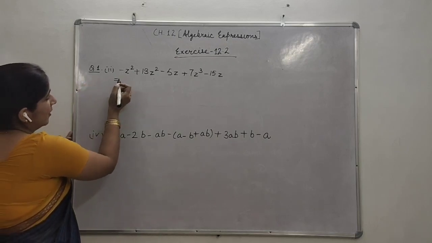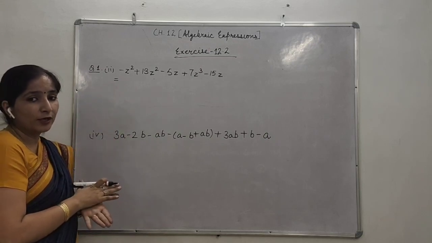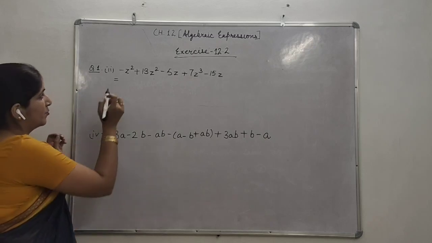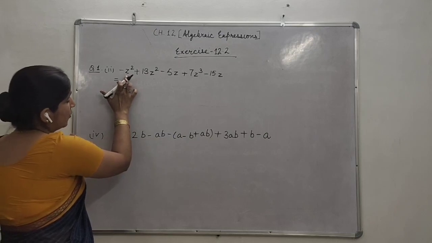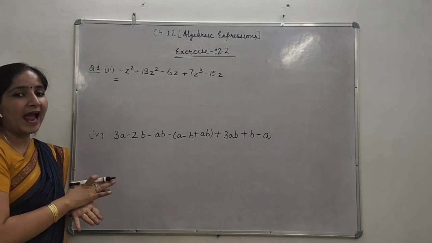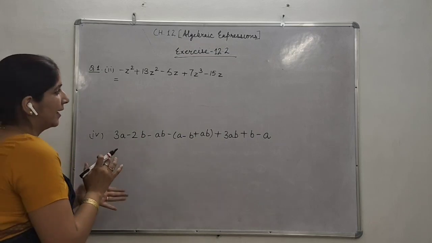Here it is given that you have to combine the like terms, but even if it is not given, you can combine only like terms. If z square is given, you cannot add it to z. You can only add or subtract like terms.